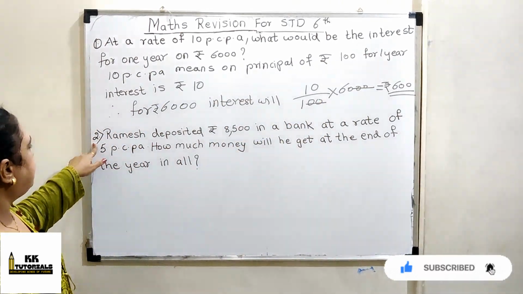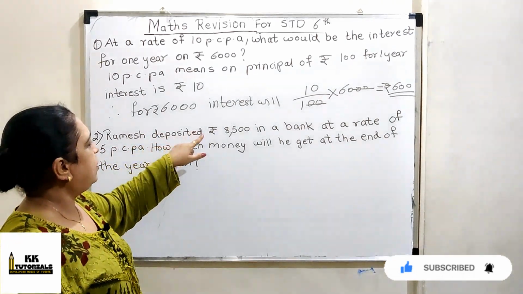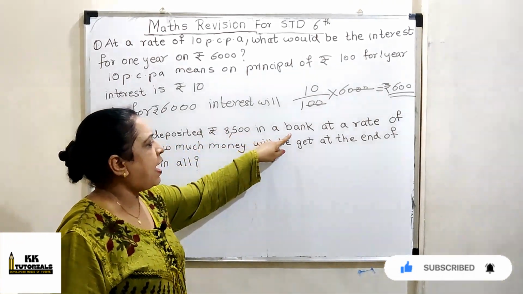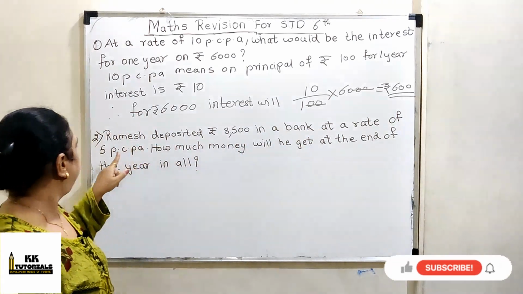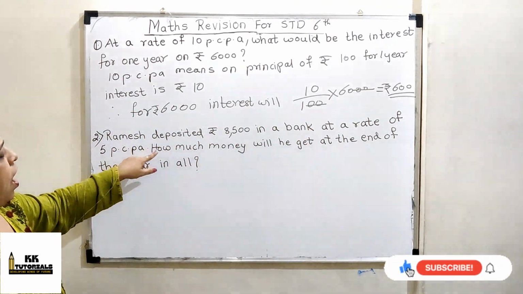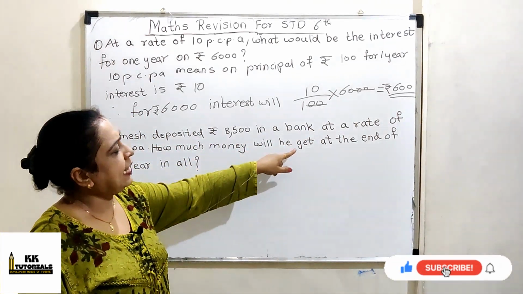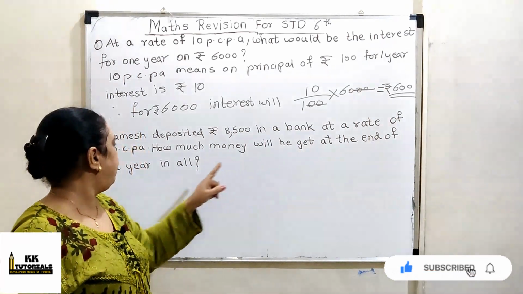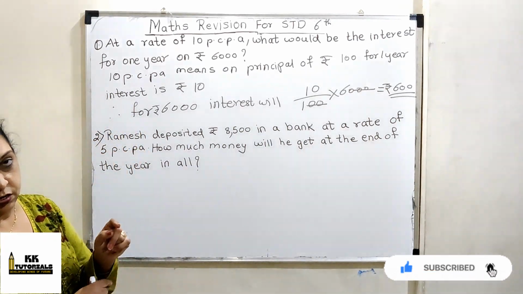Okay. Now, sum number 2. Ramesh deposited rupees 8,500 in the bank at a rate of 5% per annum. How much money will he get at the end of the year in all? Okay.